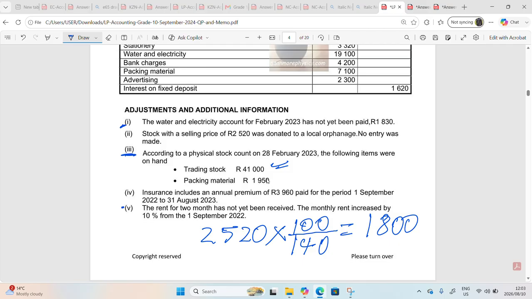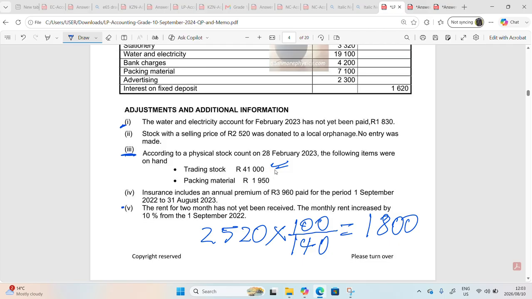But if on hand is greater than the amount that you have from the list of balances, you will have a trading stock surplus, which you will record where you have other operating incomes, together with rent income and commission fees.